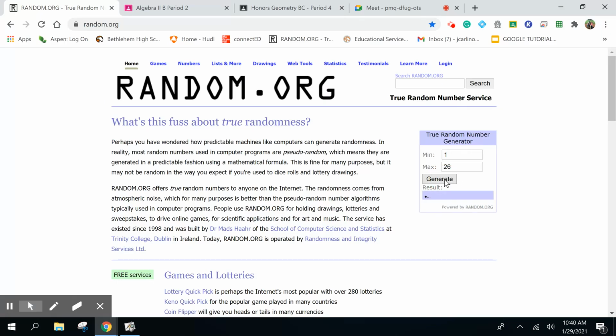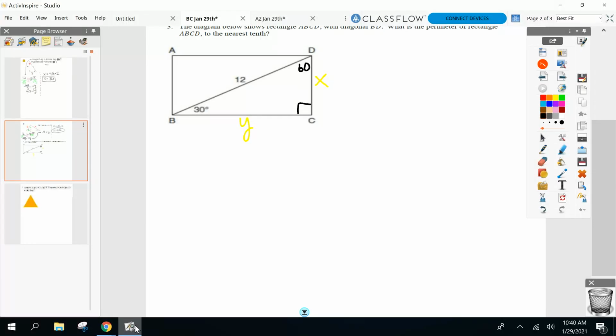Quincy, what's the relationship? The hypotenuse is the shorter leg times 2. There you go, 2 times my shorter leg X. That's pretty easy once I know the rule. So the shorter leg has got to be 6.